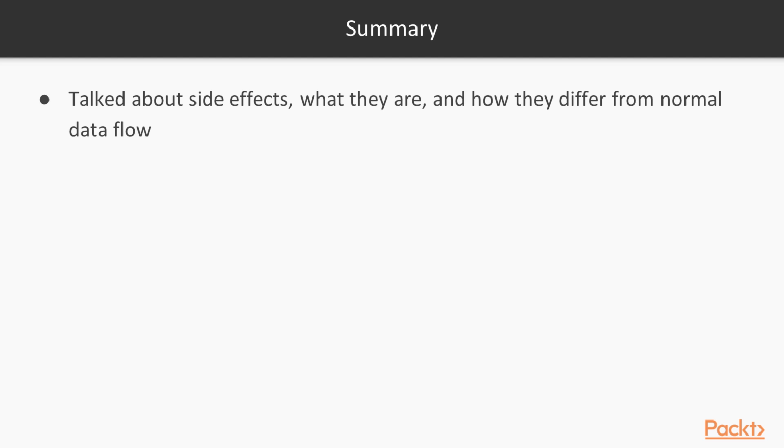Okay, so we have come to the summary of this part. Let's go through what we've talked about. We talked about side effects, what they are. We showed that in ordinary code and how it differs from a normal data flow. We also scaffolded an Angular application, and we set up the effects library by calling the effects module, and we created a tiny effect.